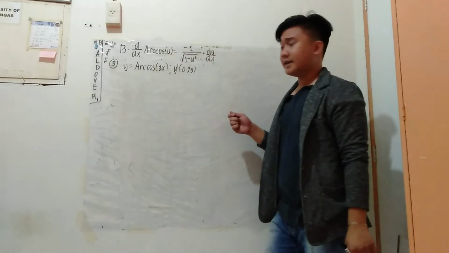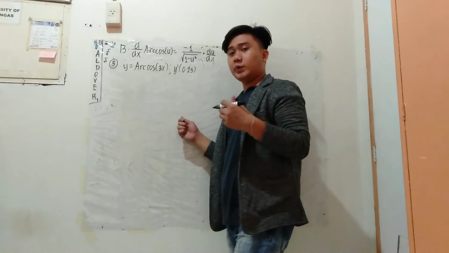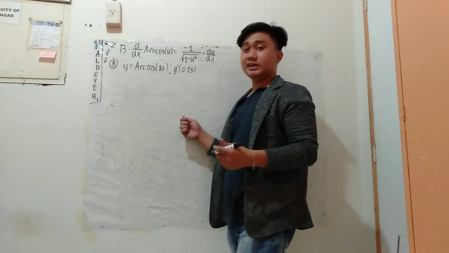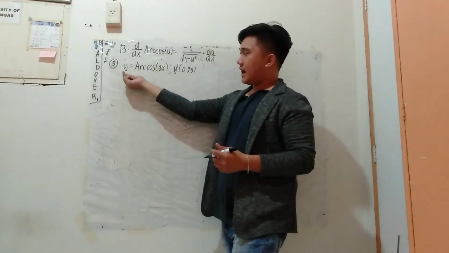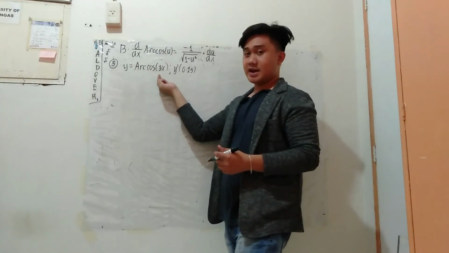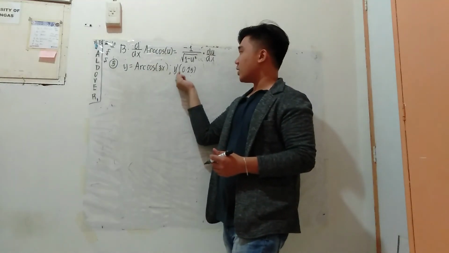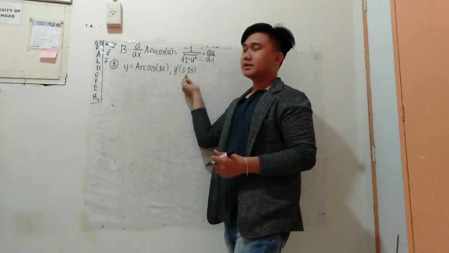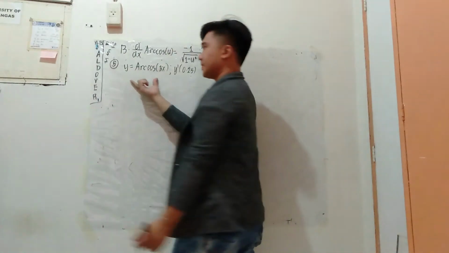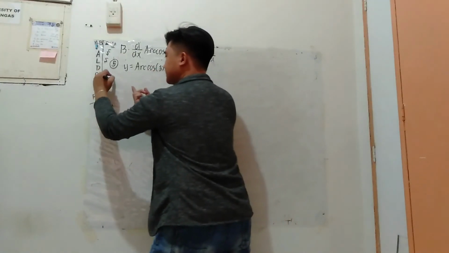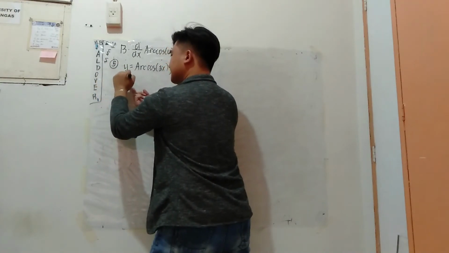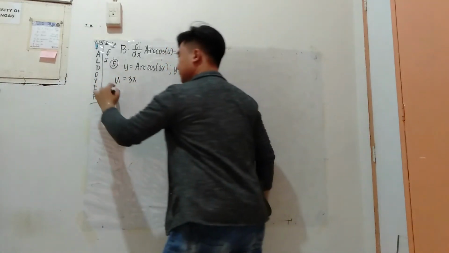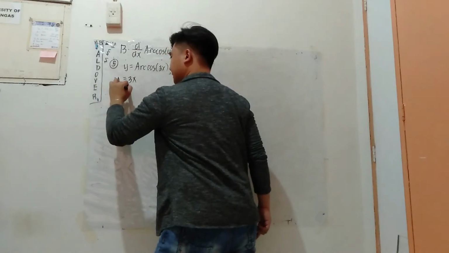So this time naman, ang gagawin natin, i-evaluate natin yung nakuha nating derivative. So if y is equal to arc cosine of 3x, what is y prime of 0.25? So derivative muna natin ito. Arc cosine of 3x, u is equal to 3x, du is equal to 3.